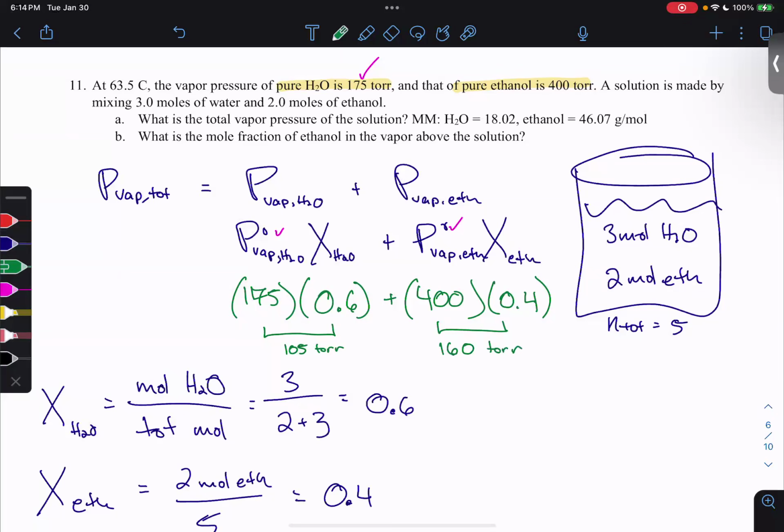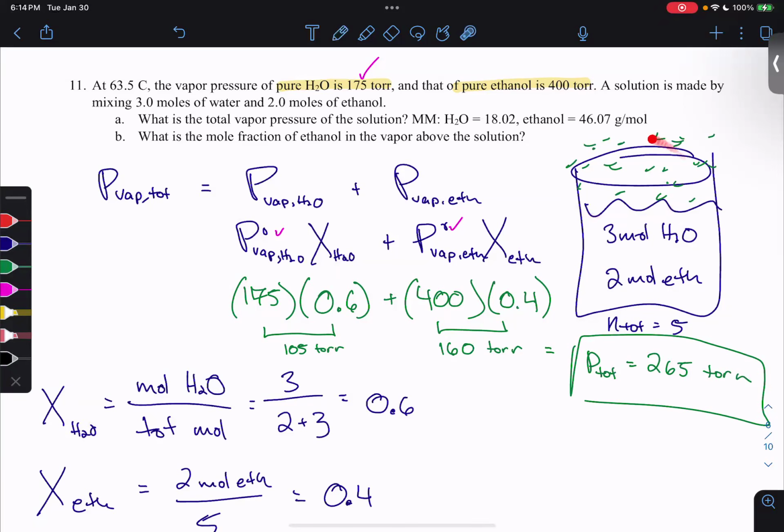Yeah, that's right. And so those 2 contributions give us a total vapor pressure of 265 torr. So if we were to measure the gas sample above this solution, we should measure a total vapor pressure of 265 torr.